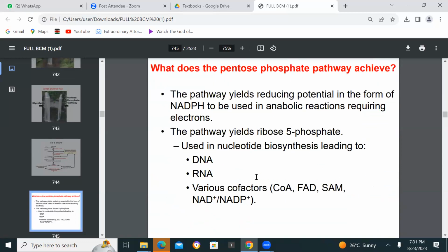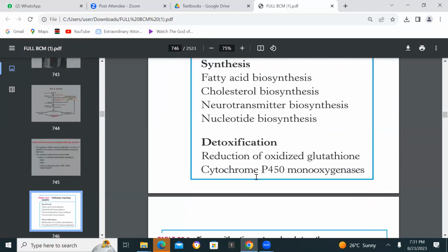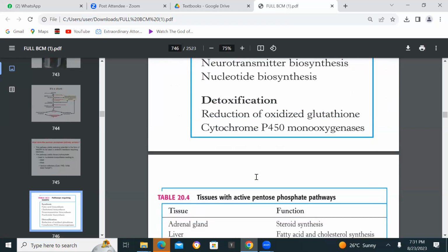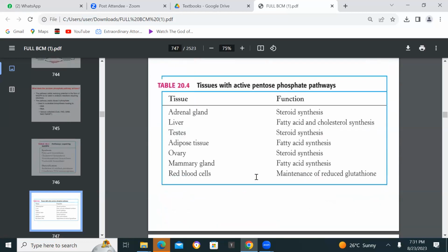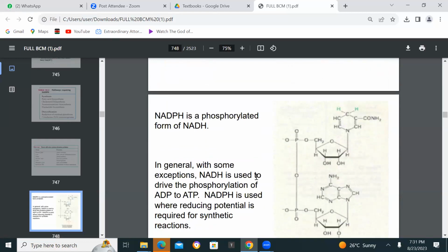So the pentose phosphate pathway yields NADPH and the 5 carbon sugars, we are talking about ribose 5 phosphate. Those are the most important products of the pentose phosphate pathway.